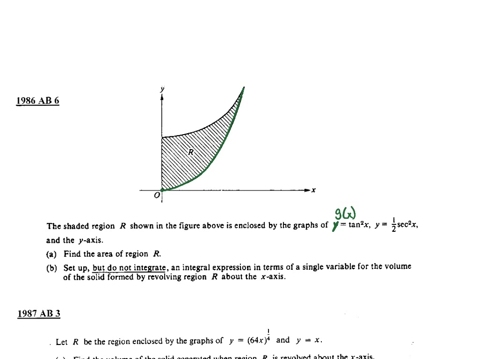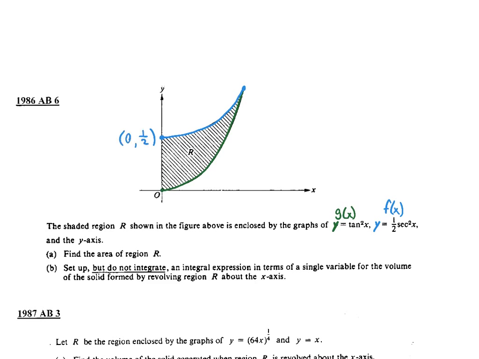The top one is the 1/2 secant squared, and we'll call this one f of x. Now identifying some points might be helpful. You've got 0, 0. With secant, if it's 1/2 secant squared, what do I get when I plug in 0? A half, yeah. So we have 0, 1/2 here.